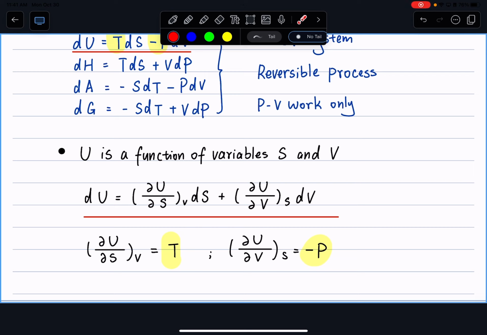All right, so what is the nature of temperature? We're always talking about the nature of temperature. Temperature is a partial derivative of some form of energy, whether it's internal energy or enthalpy, over the change of your entropy.